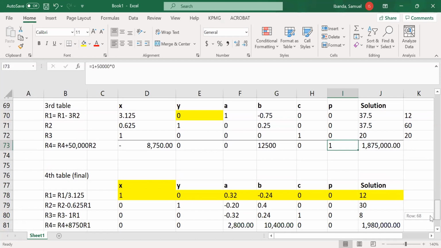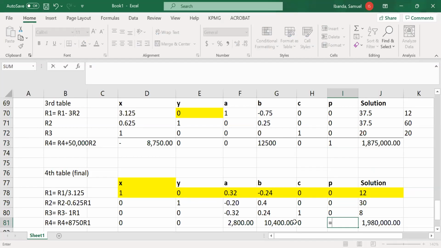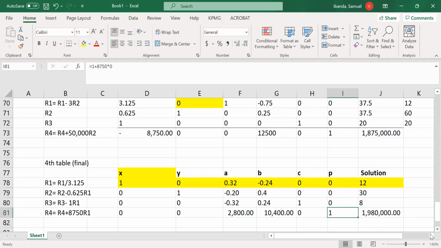Now I just want to recalculate this a little because it should not be 0. So we said that our R4 here is the old R4, which is 1, plus 8,750 times the 0 here. So this should not give us a 0. This should give us 1.